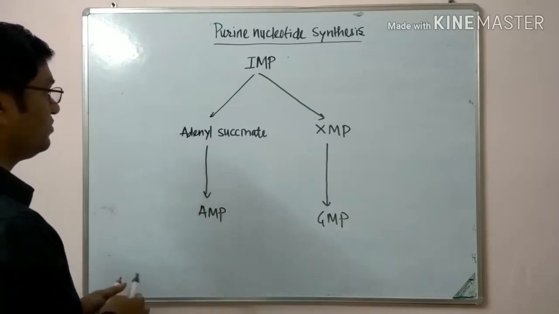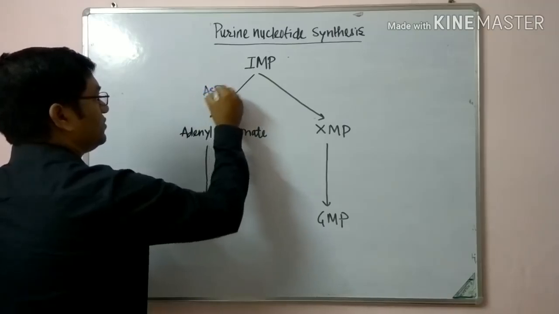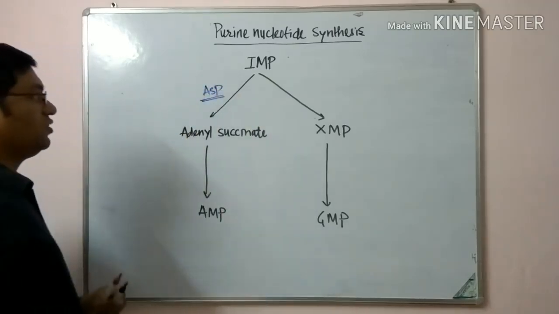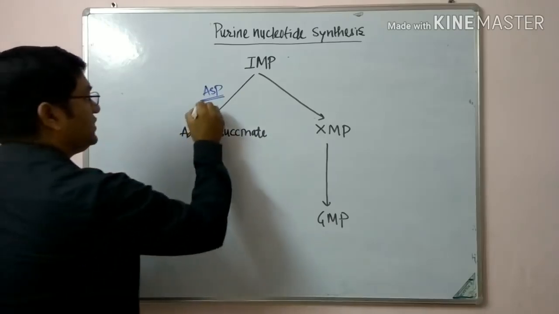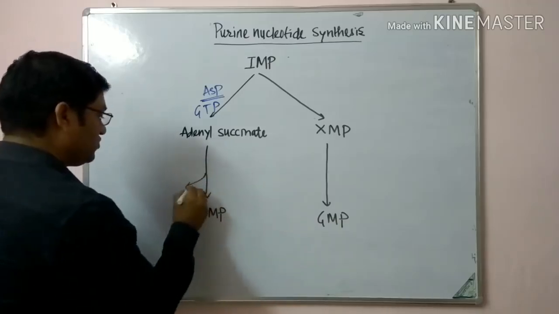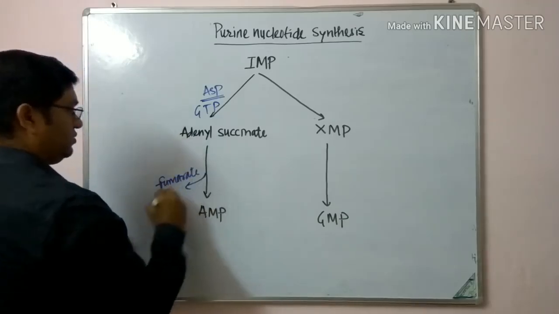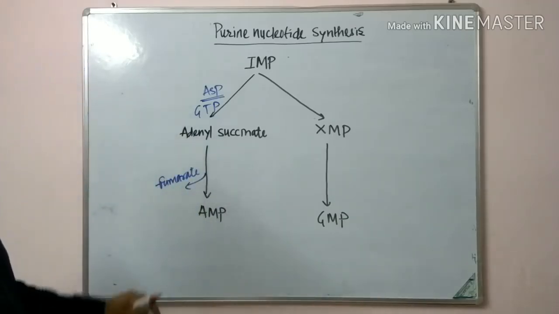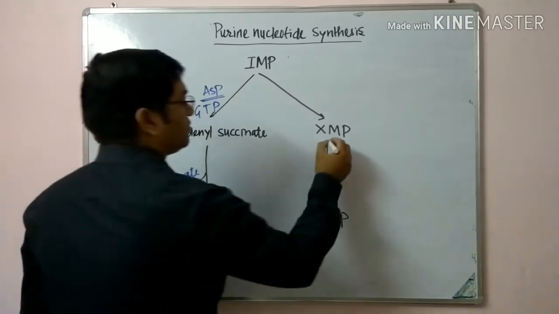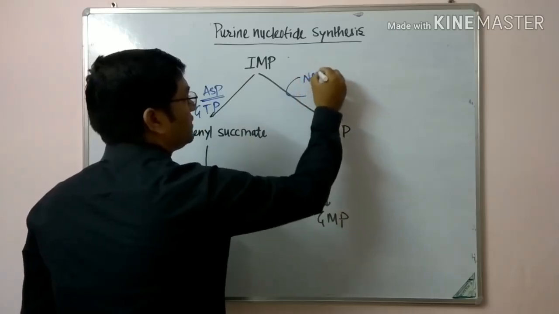So this step requires aspartate. Also it requires GTP. There is liberation of fumarate. Then with the help of IMP dehydrogenase, this is an NAD dependent reaction.